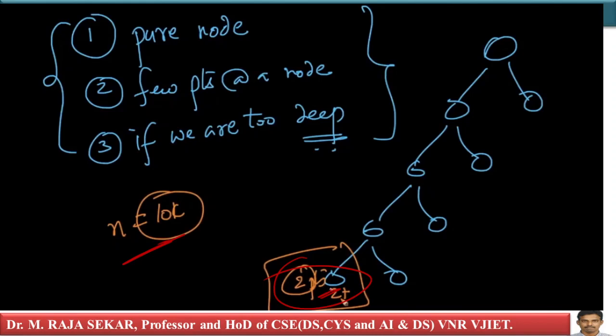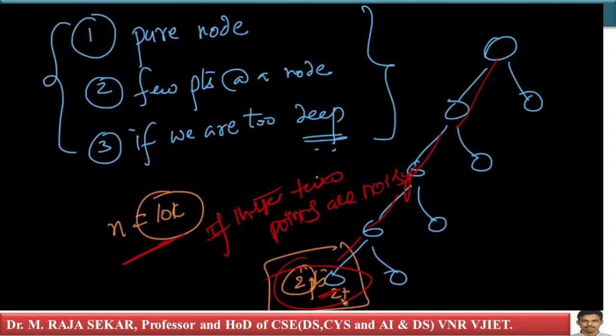If I choose this path, only 2 points are satisfying this condition. If these 2 points are noisy points, that is important, because then it is overfitting.